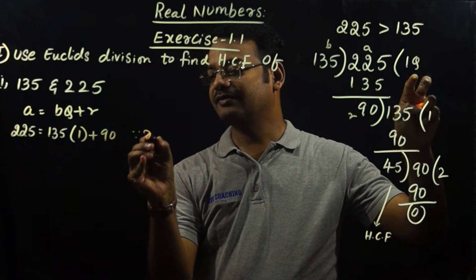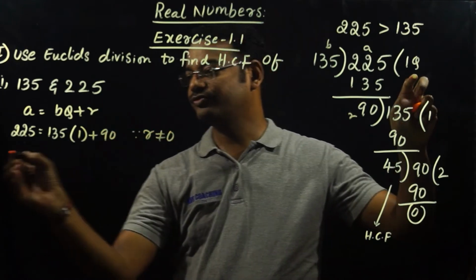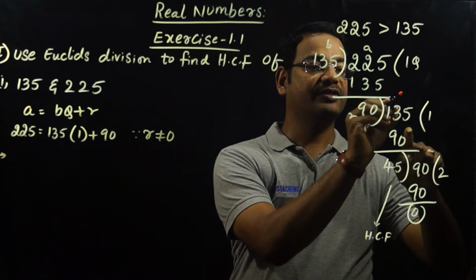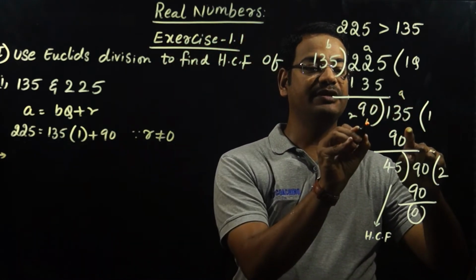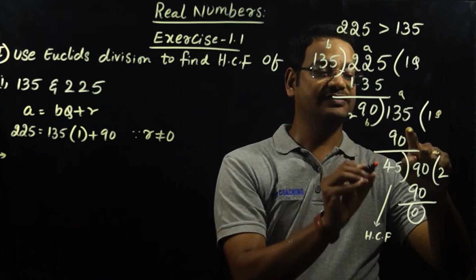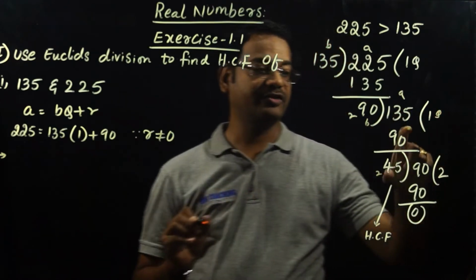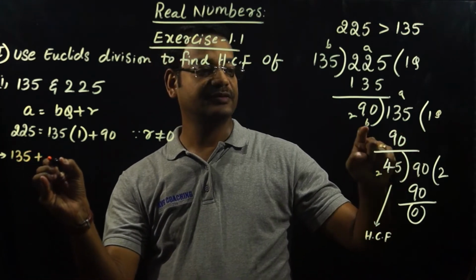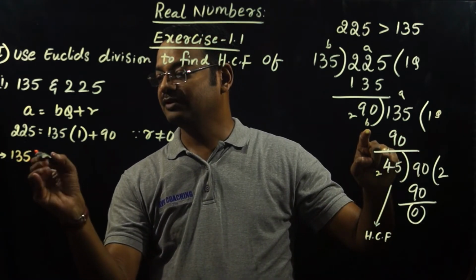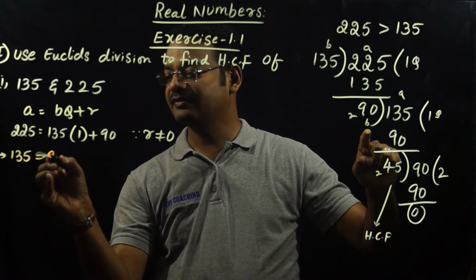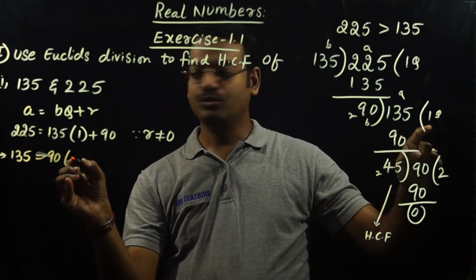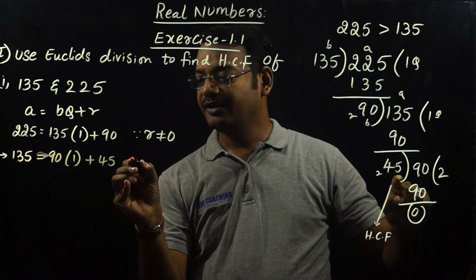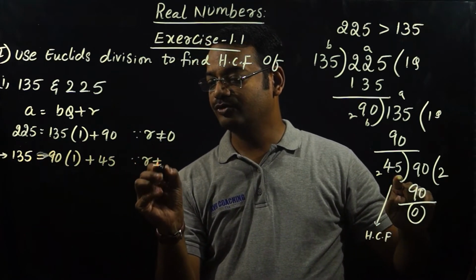Here, as r is not equal to 0, we'll proceed to the second step where a becomes 135, b is 90, quotient is 1 and remainder is 45. Here also r is not equal to 0.